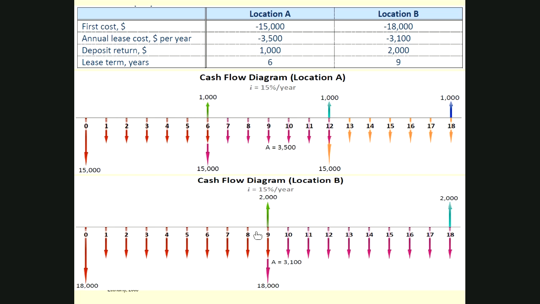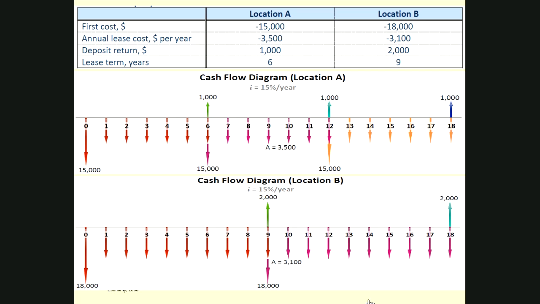Also in alternative B, the 2,000 is placed on year 9, whereas the 18,000 is placed also on year 9. You can subtract them and have 16,000 with a minus sign, P given F for 9 years at 15%. Here, again, we cannot do that because we don't have an initial cost.